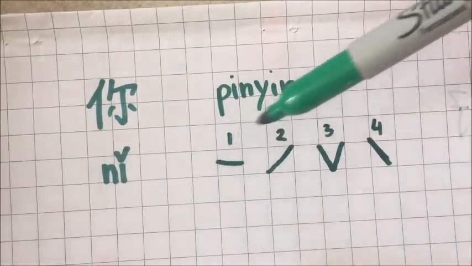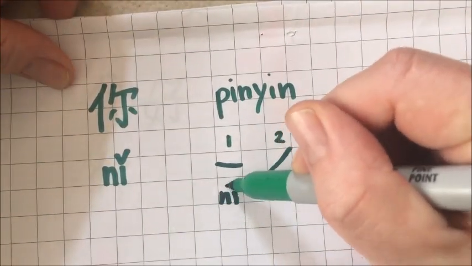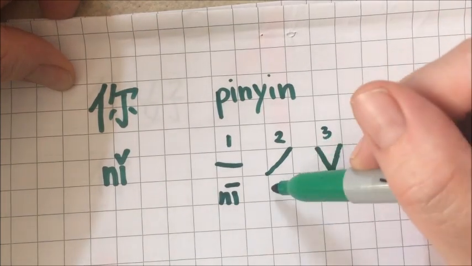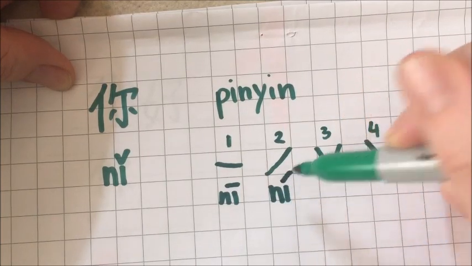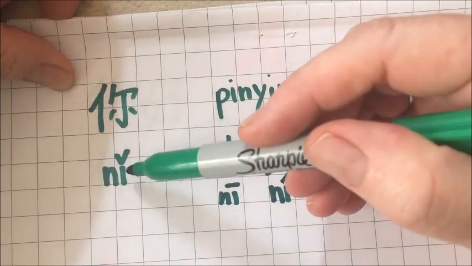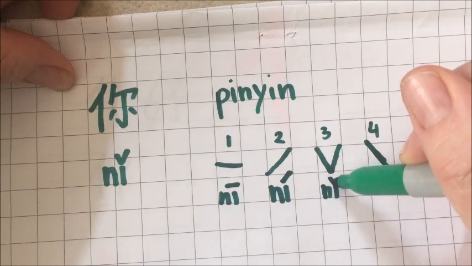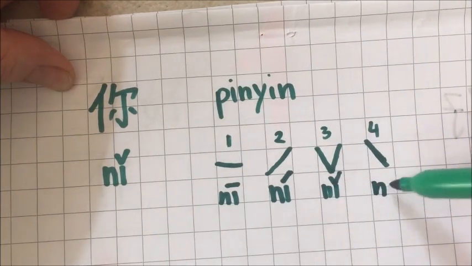It will be ni, and it will be written like this. The next one is ni. The third one is the same as you see here. And the fourth one is ni.